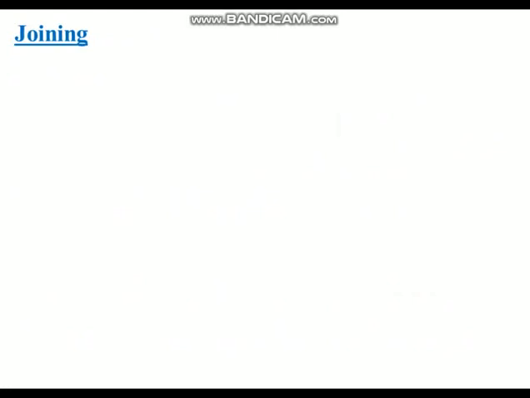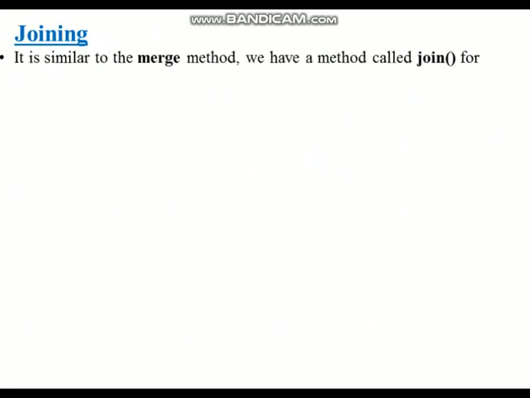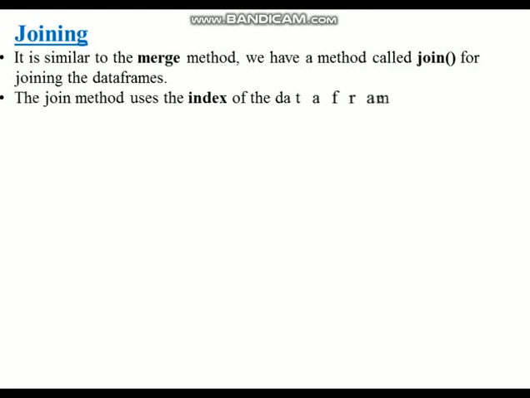Joining. It is the second process associated with data frames. It is similar to the merge method, but it is performed by using the join function. The join method uses the index of the data frame.